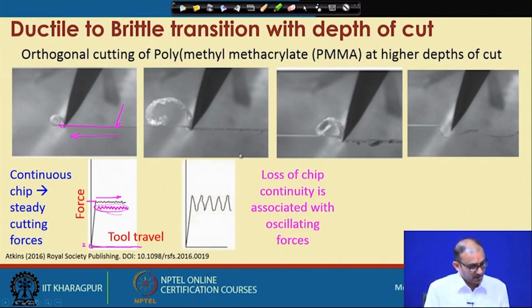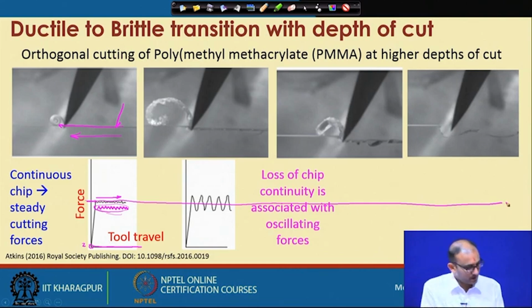Now, coming to the next part. Here the chip is not similar to the previous chip. The depth of cut has increased a little, and in this diagram the variation in the cutting force is also a little higher.